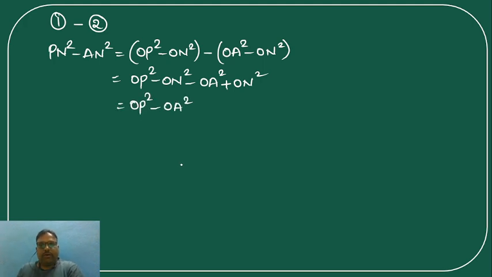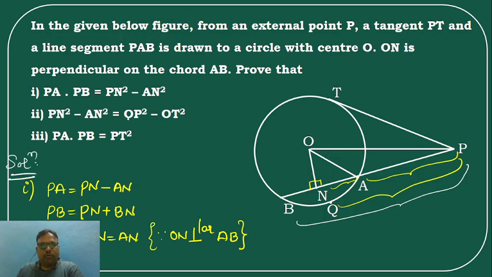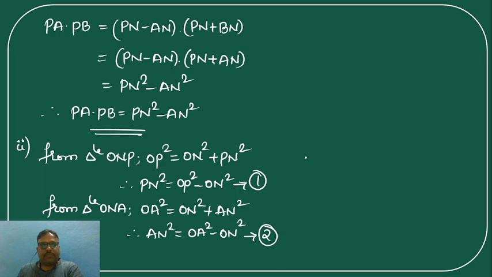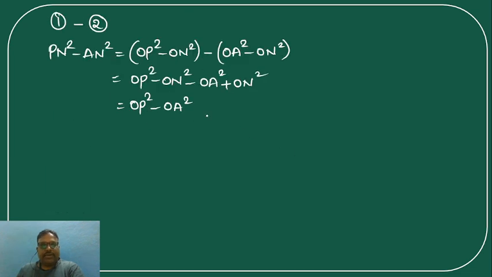But what we have to prove is actually OP square minus OT square. If you join OT and OA, both become the radius of the circle, right?